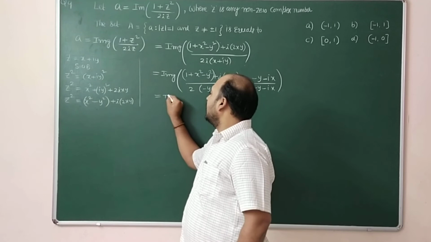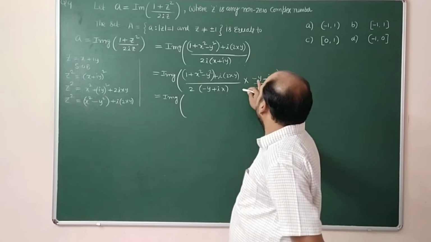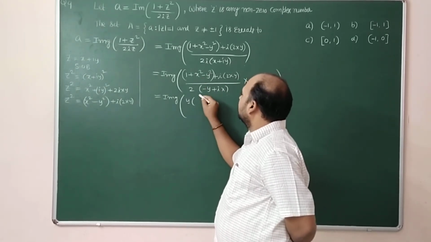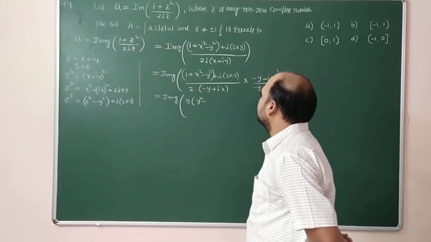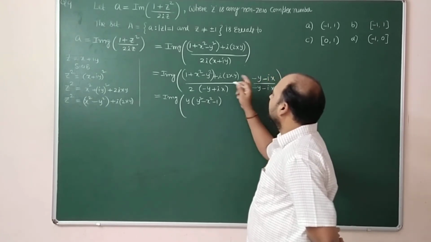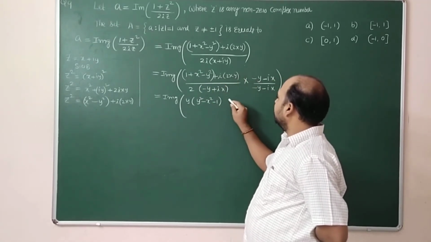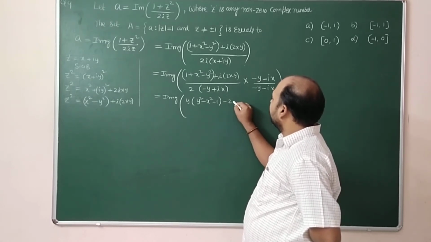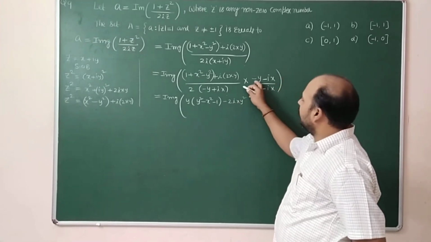So which is equal to the imaginary part of: minus y into this value. So y into minus, I'm multiplying by, it becomes y square minus x square minus 1, minus, multiply with this, and here also multiply with minus, 2i x y square. Next, y into this value is over.